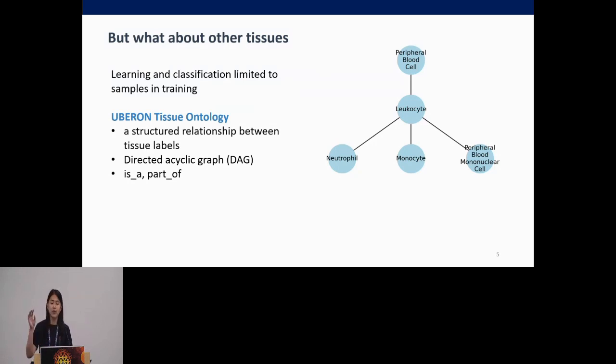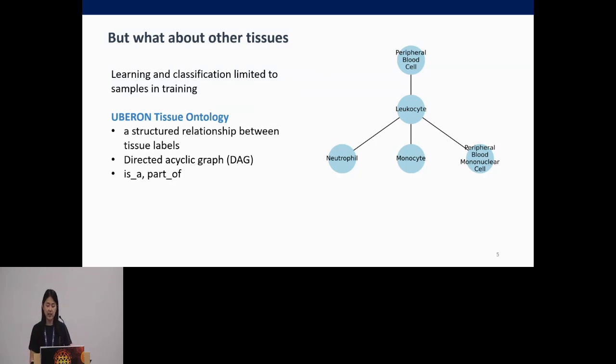All of these parent and child relationships indicate the physiological function or relatedness of those tissues, which can be used as external information about which tissues are related to which. It can also be used to gain at least a bit of insight into tissues that are not within the training data set.